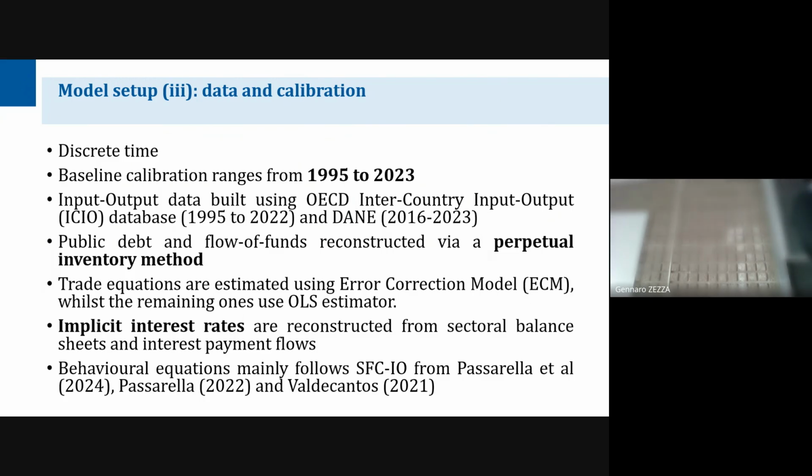On the behavioral equations, since I was coming after Sebastian Mandacanto, I just mention, without reporting any equation, that we use the work based on the stock flow input-output model. So basically, investment adjusts to a target.